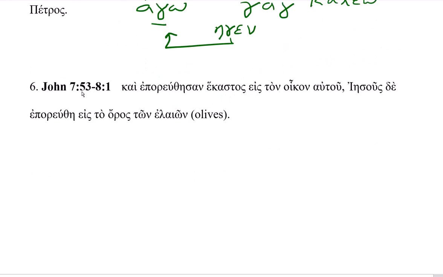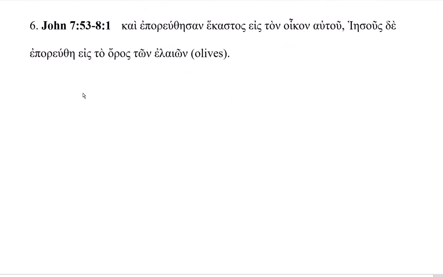And then finally, let's look at John 7:53 into John 8:1. Kai eporeuthesan hekastos eis ton oikon autou. Iesous de eporeuthe eis to oros ton elaion. Okay, so let's take a look at this.